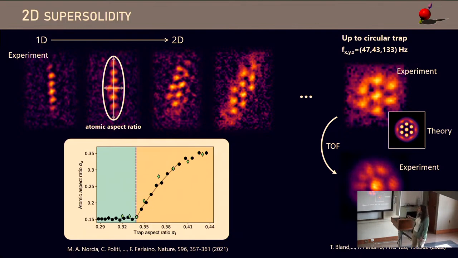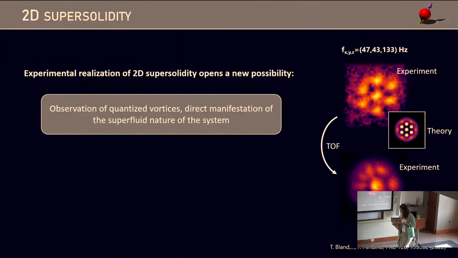So at the moment, I always talk about density modulation and global phase coherence, but another property that we expect from this kind of state is superfluid properties. And so in particular, we would like to verify directly these superfluid properties by means of the observation of quantized vortices that would be a direct manifestation of the superfluid nature of the system.